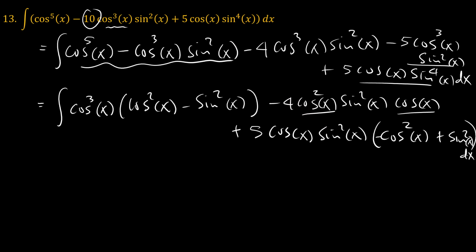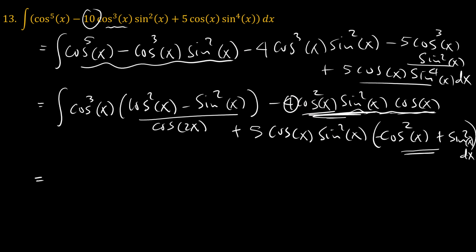Okay, so this here is the same as cosine of 2x, and this here becomes sine squared 2x, and then here we have negative cosine 2x.